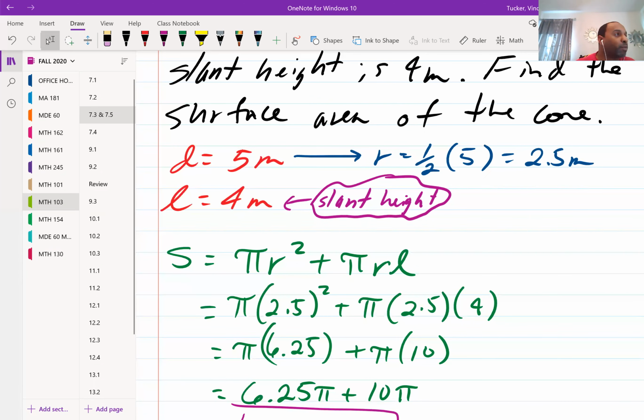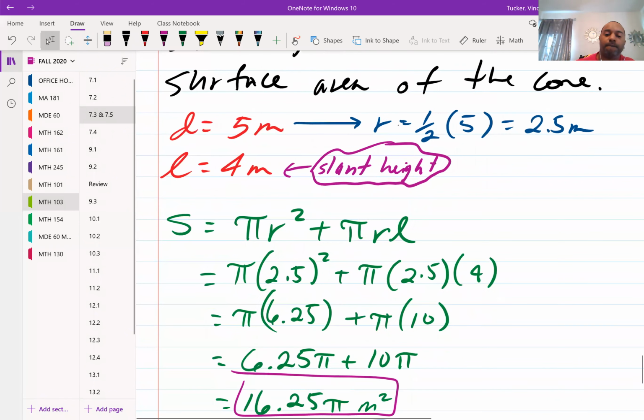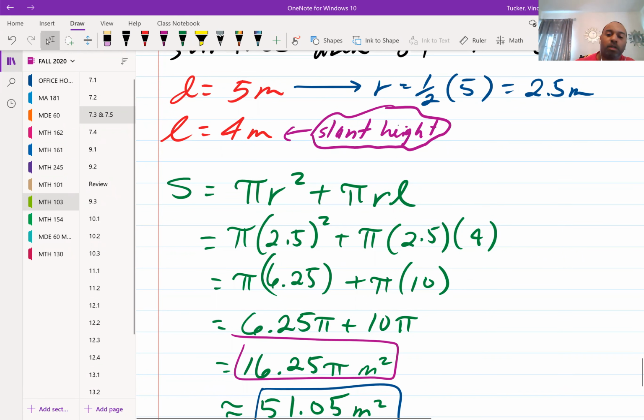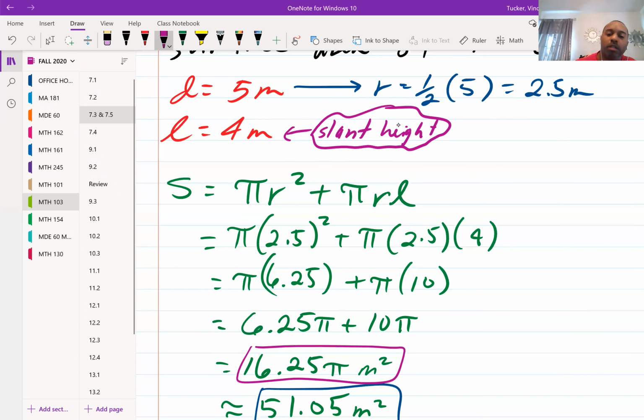I can write that without parentheses: 6.25 pi plus 10 pi. Add them together, and that gives us 16.25 pi meters squared.